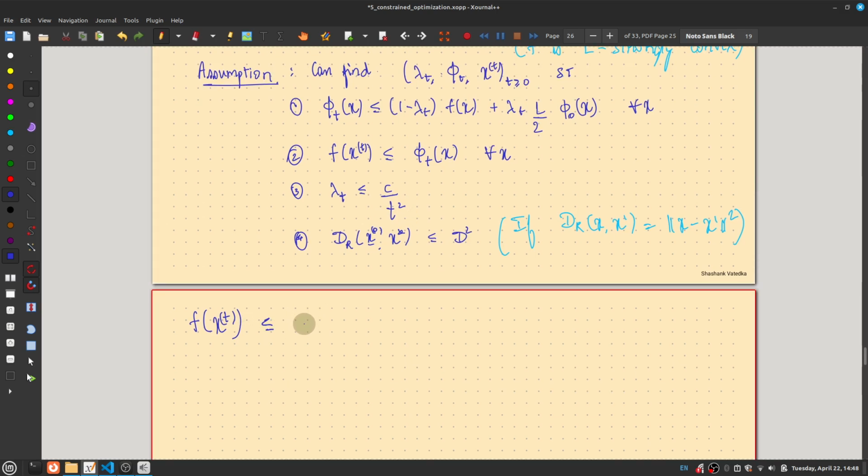This is less than or equal to phi t of x for all x, and in particular it is less than or equal to phi t of x star. This follows from assumption 2, right?